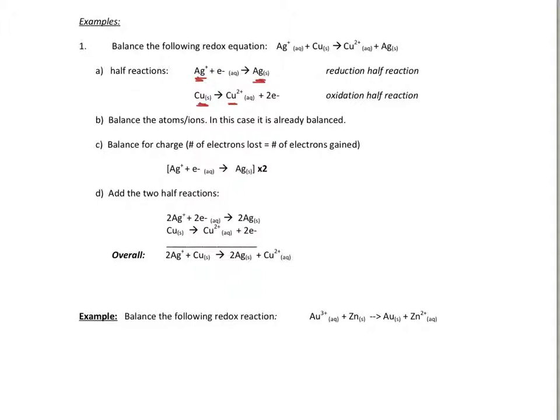To do that, we look at the overall charge of the reactants and the overall charge of the products. The overall charge of the reactants in the first half reaction is 1+, and on the product side we have 0. Again, we always add electrons to the higher number, so we're going to add electrons to the reactant side, and we need to add 1 electron because 1 minus 1 equals 0.